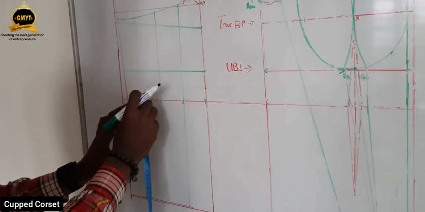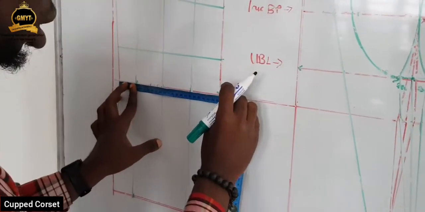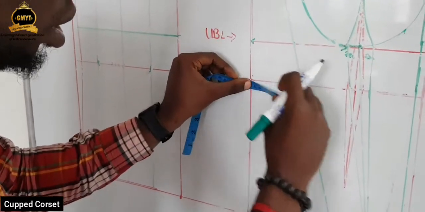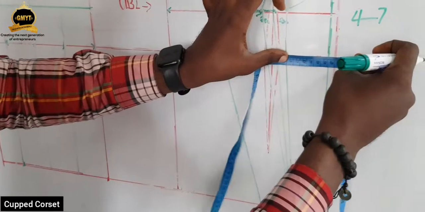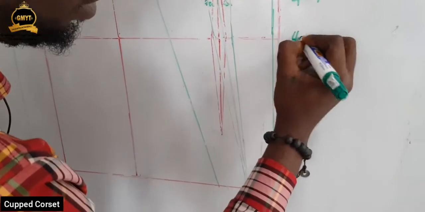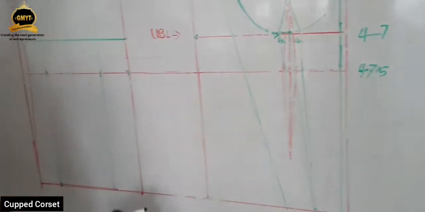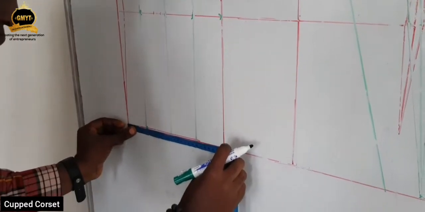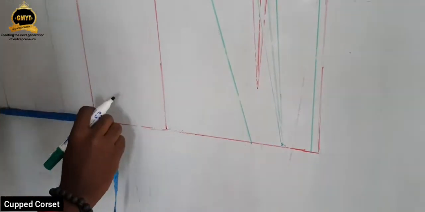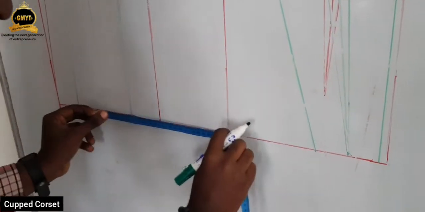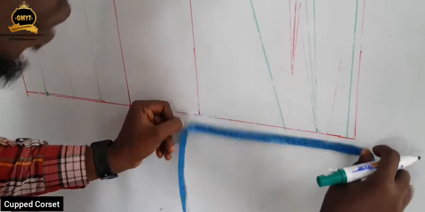On the waistline, you have to skip the dot. It's very, very important. I have like 47.5. Okay. On the hip part, I have like 54.